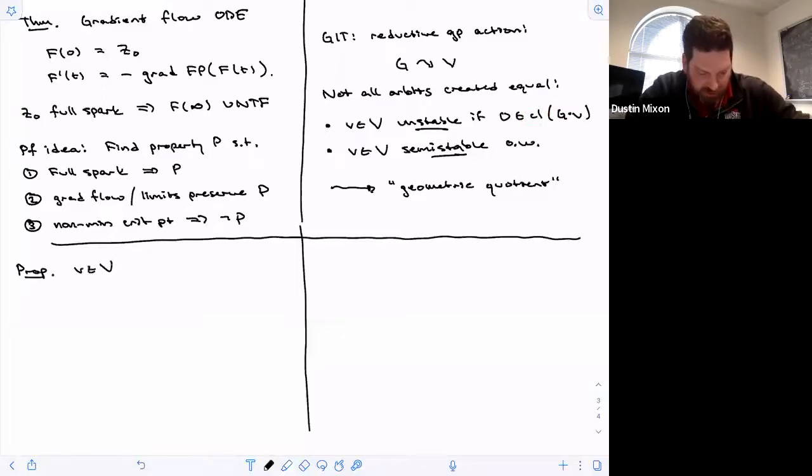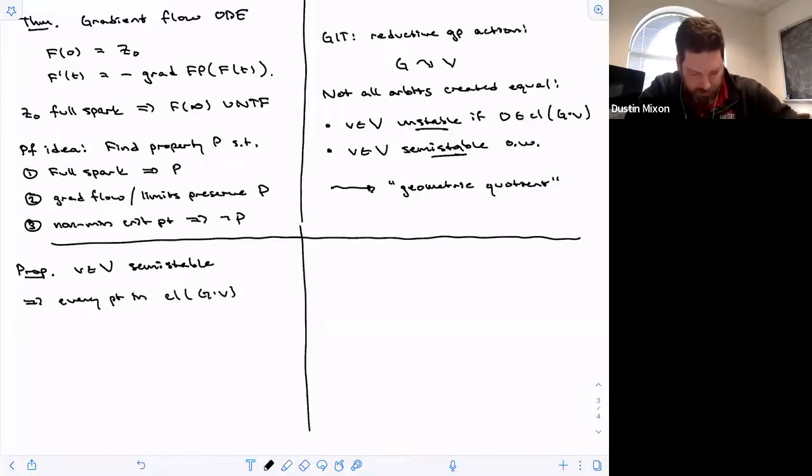If you have a point that's semi-stable, then every point in the closure of the orbit is also semi-stable. This is a simple limiting argument. But the point is that gradient flow keeps you in the orbit. The limit keeps you in the closure. So if you started semi-stable, you end up semi-stable.